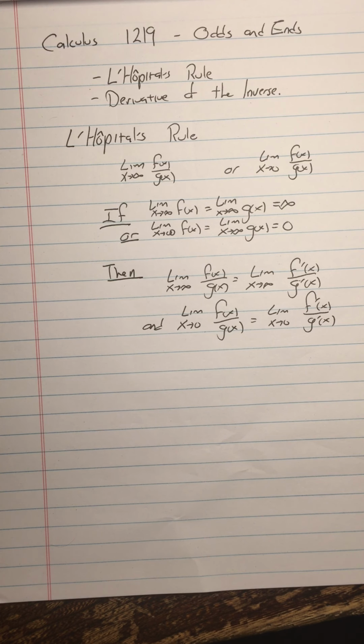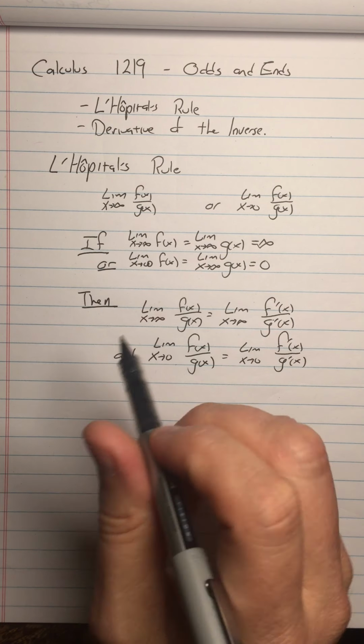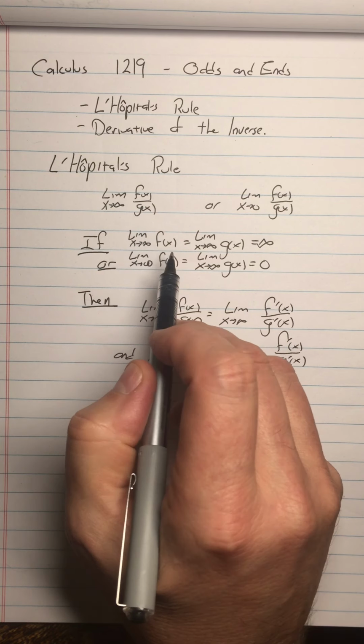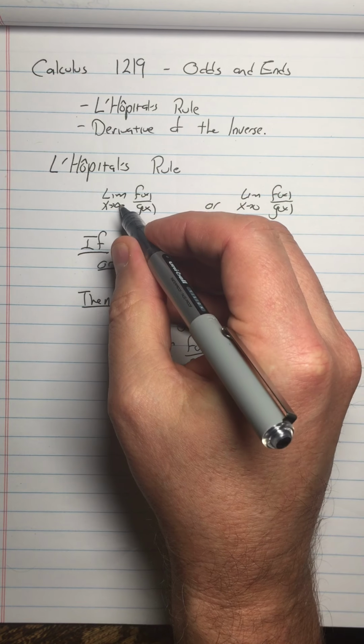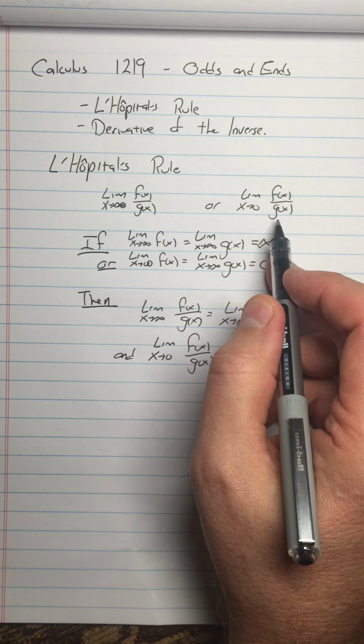So don't make the mistake of thinking just because the numerator and denominator equals 0 that the limit doesn't exist. The limit very often does exist when the numerator and denominator is 0. The function value doesn't exist, but the limit might. All right, so this is for dealing with limit as x approaches infinity or limit as x approaches 0 of a ratio like that.